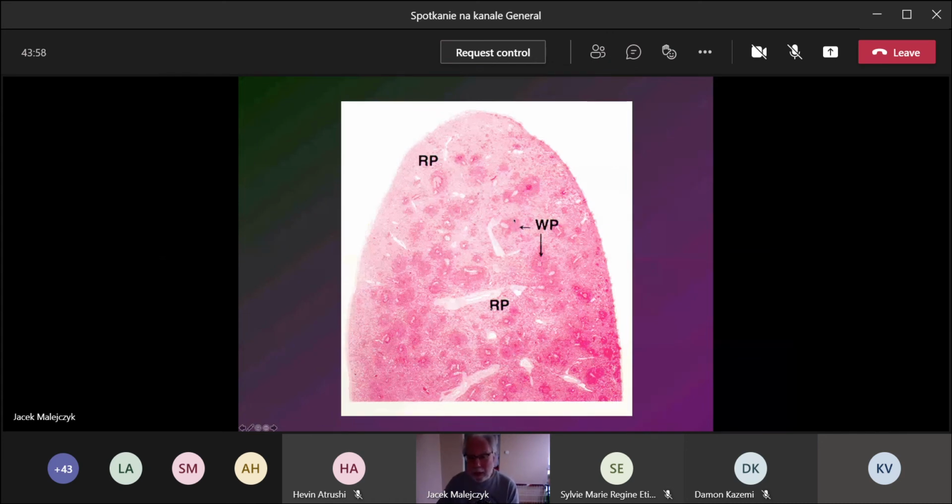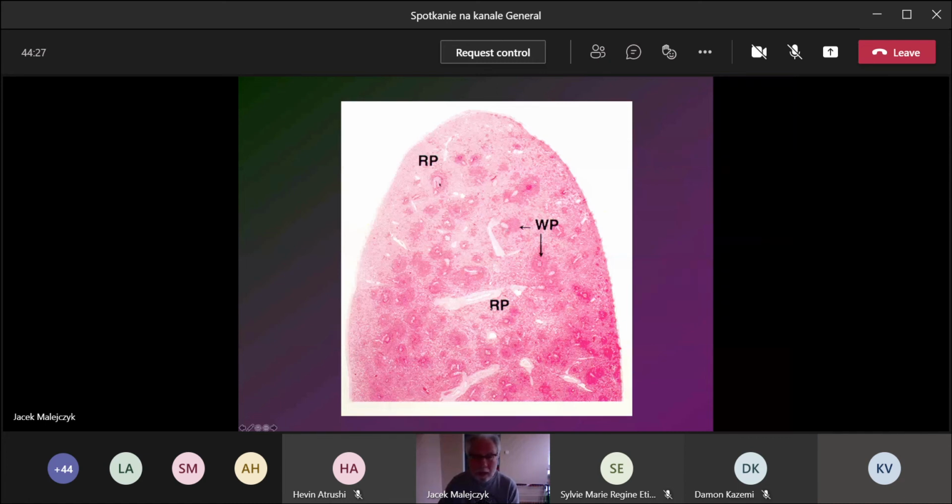Of course, owing to the staining, the white pulp appears to be red on this picture, whereas the red pulp indeed is pale compared to the aggregations of the lymphatic tissue. It is red because this is the stain, the nuclei, and this area stains more with hematoxylin.